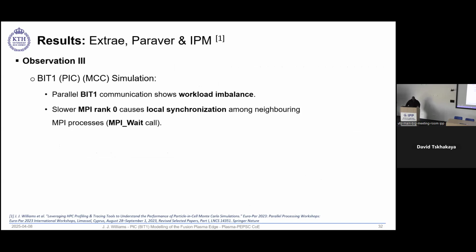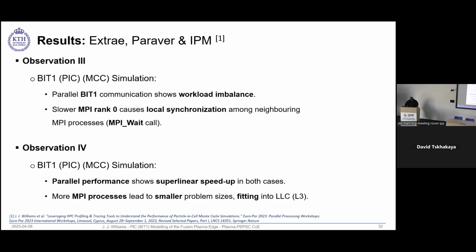What do we observe? We saw that the parallel BIT1 communication shows some workload imbalance. We wanted to understand the parallel processes using multiple nodes and MPI processes, and we saw that the slowest MPI rank causes local synchronization among its MPI neighbors, which make MPI wait calls.